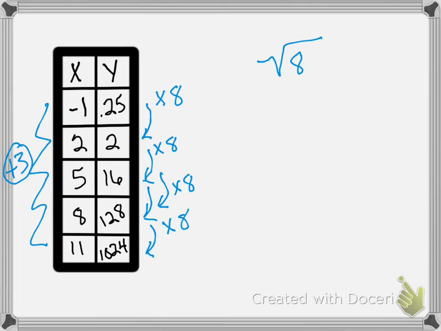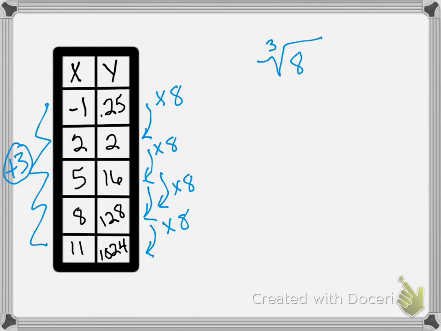If the x's had been changing by 2, you would be taking a square root, and normally with a square root we don't write anything outside of the radical symbol. That would mean you figure out what number times itself twice gives you 8. Here, though, because the x's are changing by 3, you're actually going to take a cube root, which means you've got to figure out what number times itself 3 times gives you 8.